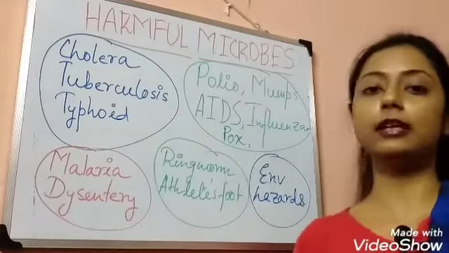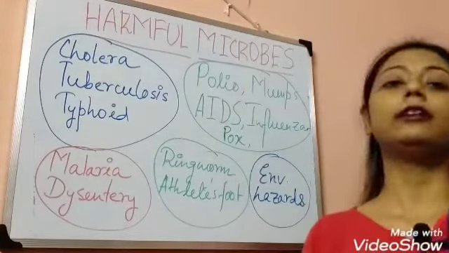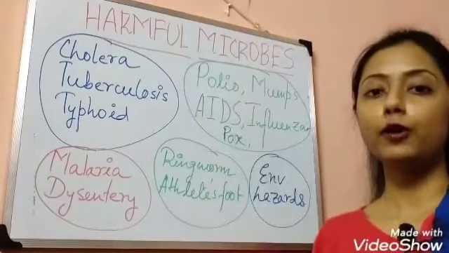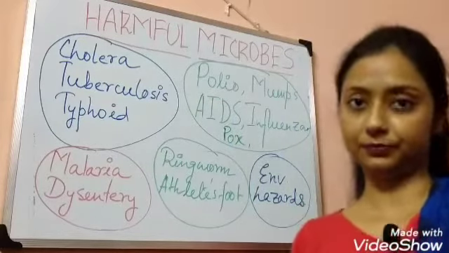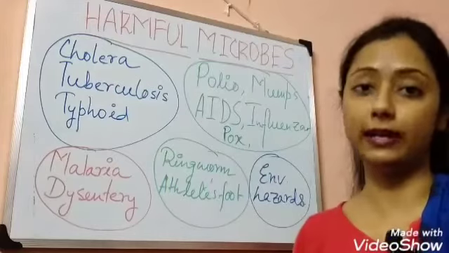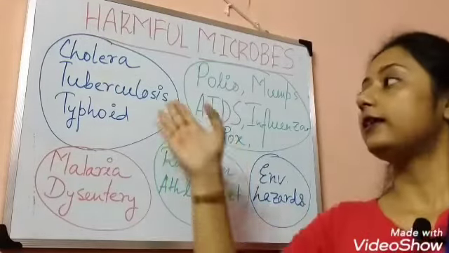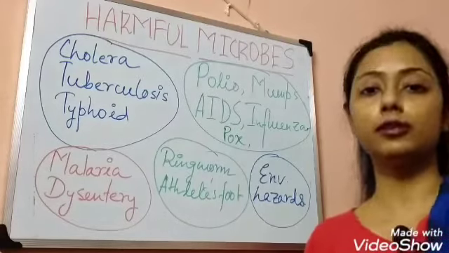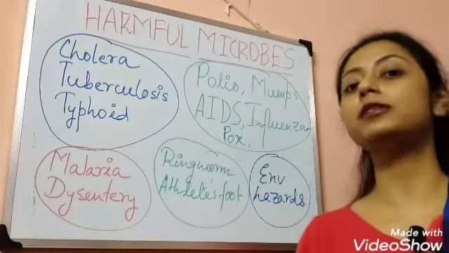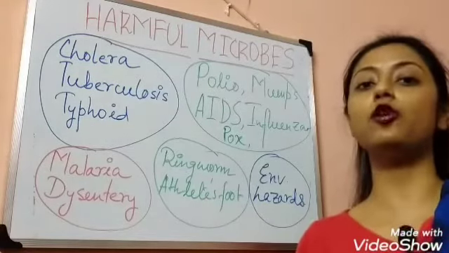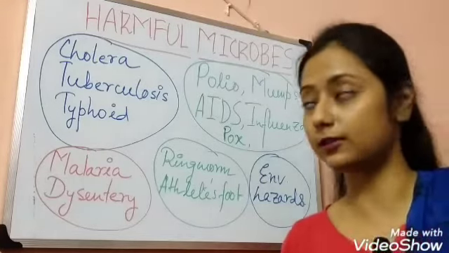This first circle includes the diseases caused by bacteria. The first one is cholera, by the bacteria Vibrio cholerae. The next is tuberculosis, and the bacteria responsible for this is Mycobacterium tuberculosis.